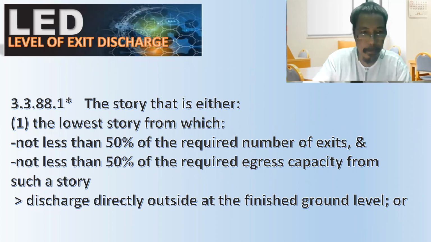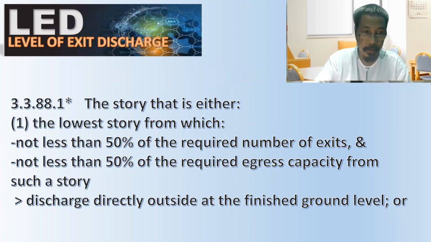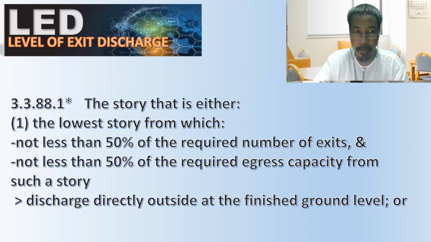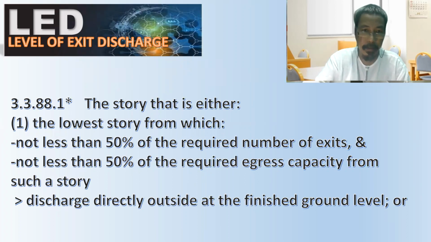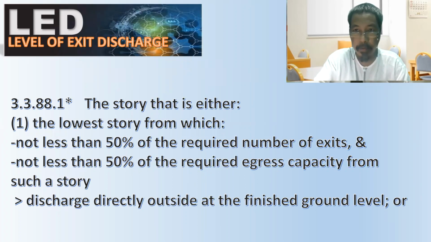Let us discuss an important paragraph in this code. It is actually a new one for NFPA 101 year 2018. This is 3.3.88.1. It states that the story, meaning floor. Okay, when we say 3-story, 3 floors.